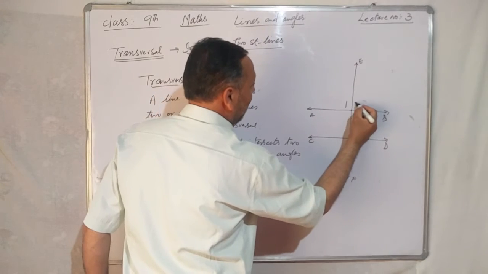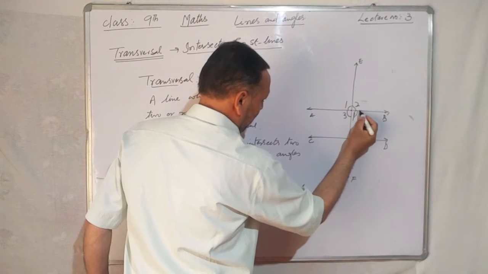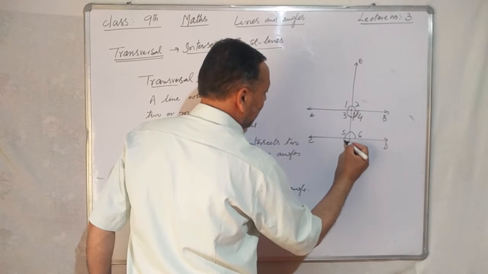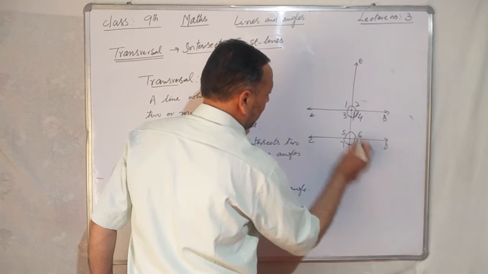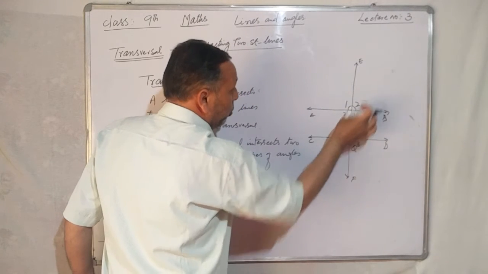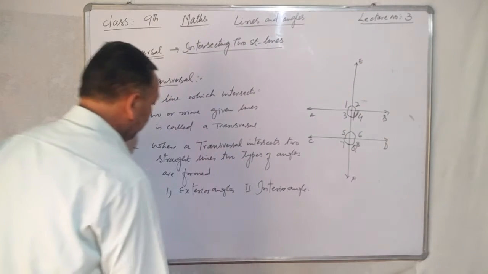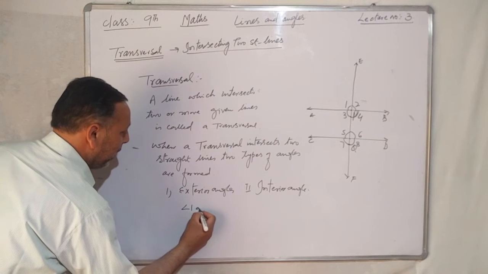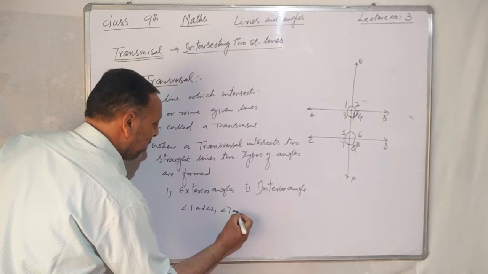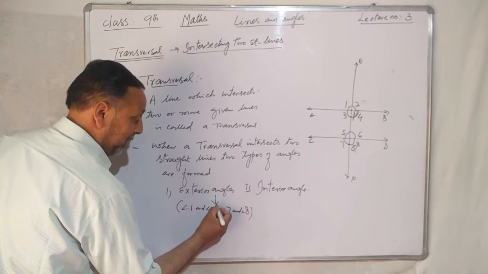Let me name these angles: angle 1, angle 2, angle 3, angle 4, angle 5, angle 6, angle 7, and angle 8. Then angles 1 and 2, 7 and 8 are exterior angles.